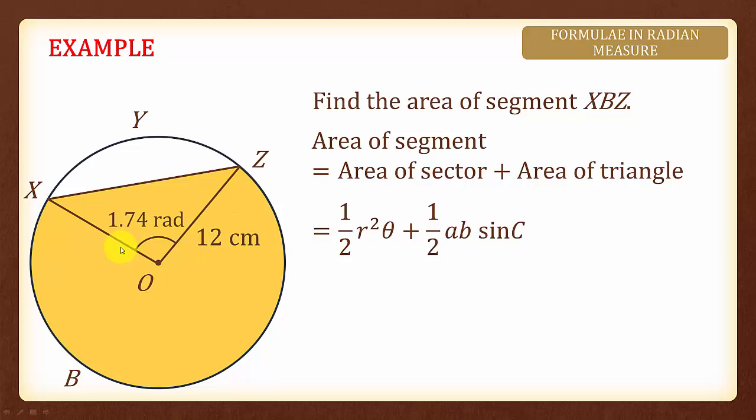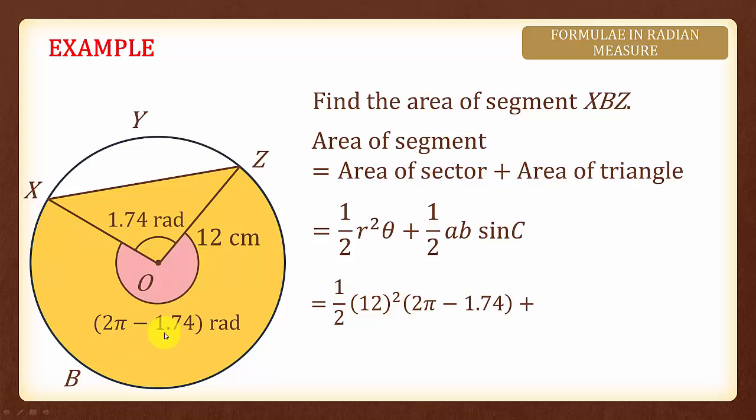Since we are finding the area of the major sector, we will need to find the angle subtended by the major arc. And to find this angle, instead of using 360 degrees, we will need to use, yes, 2 pi minus 1.74 because 2 pi is 360 degrees. The area of sector will be equal to half times 12 square times 2 pi minus 1.74.